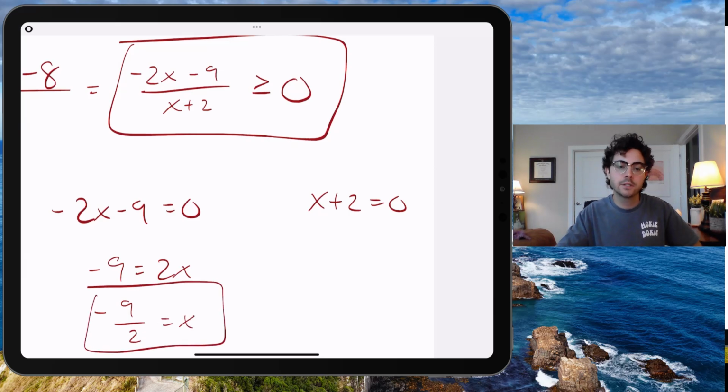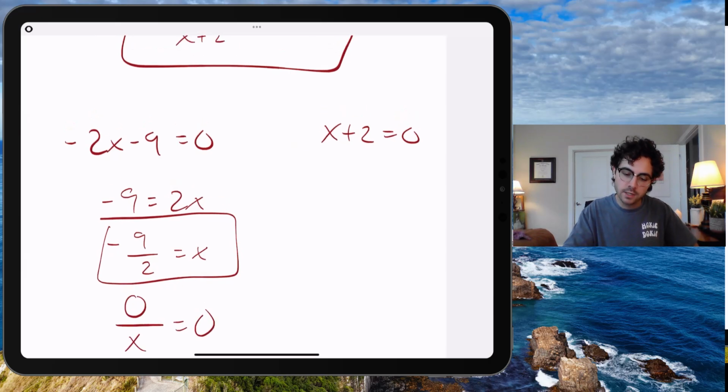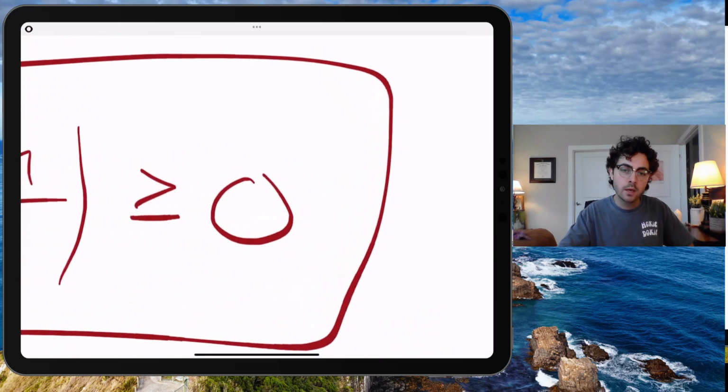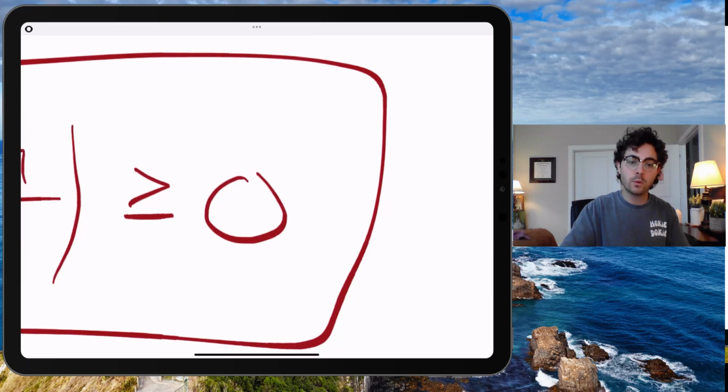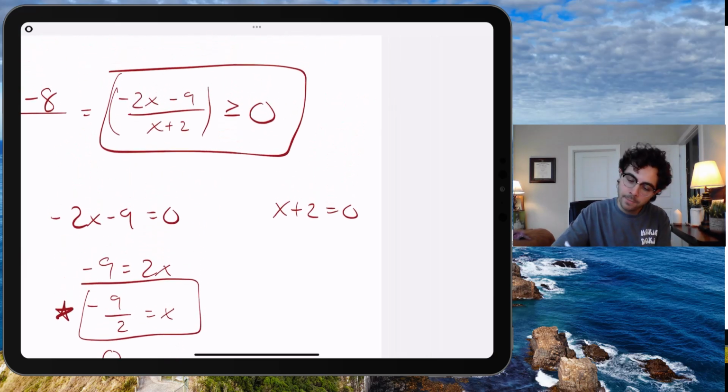So negative 9/2 is the x value that makes the numerator equal to 0. When the numerator is equal to 0, divided by something, we get 0. So a 0 on top means the whole expression is going to be equal to 0. And we want to know where it's equal to 0, okay? So negative 9/2 will be part of our solution set, no matter what.